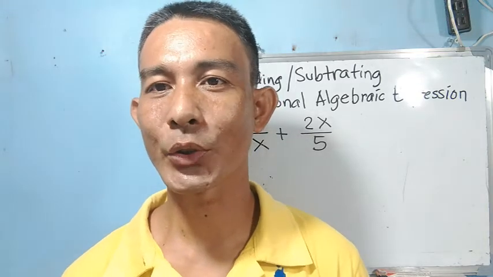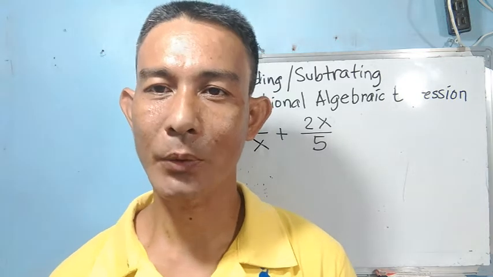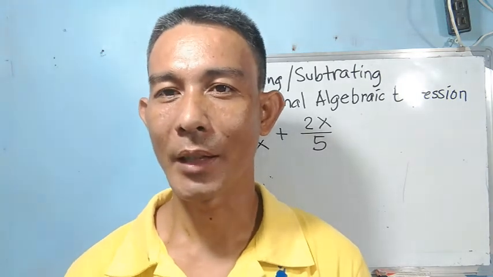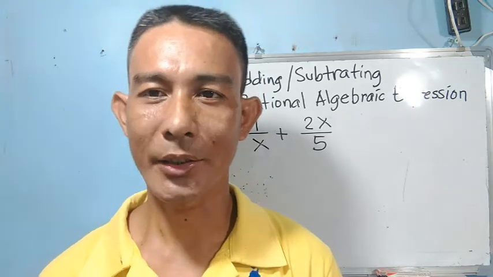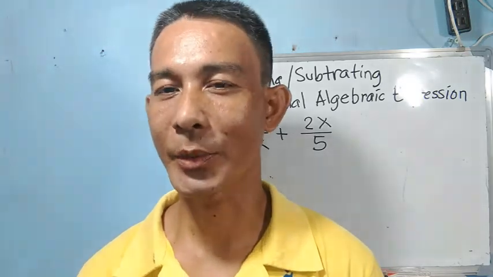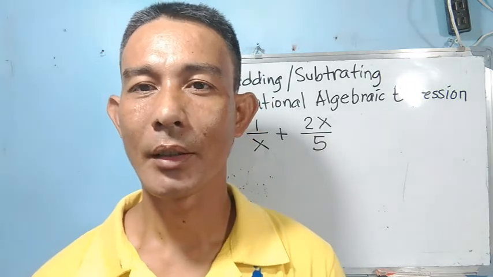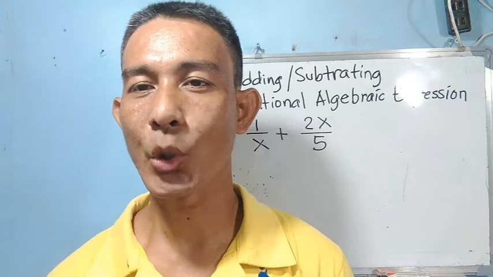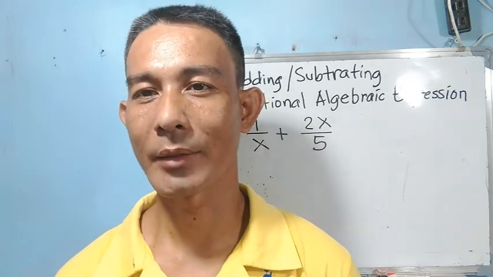Sometimes we encounter algebraic expressions expressed in fractional form, and this is called a rational algebraic expression. It is an expression containing a fractional form whose numerator and denominator are polynomials.